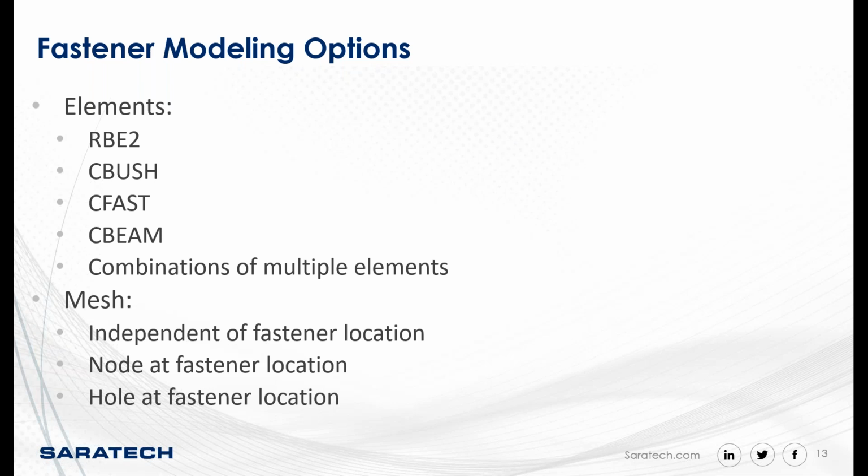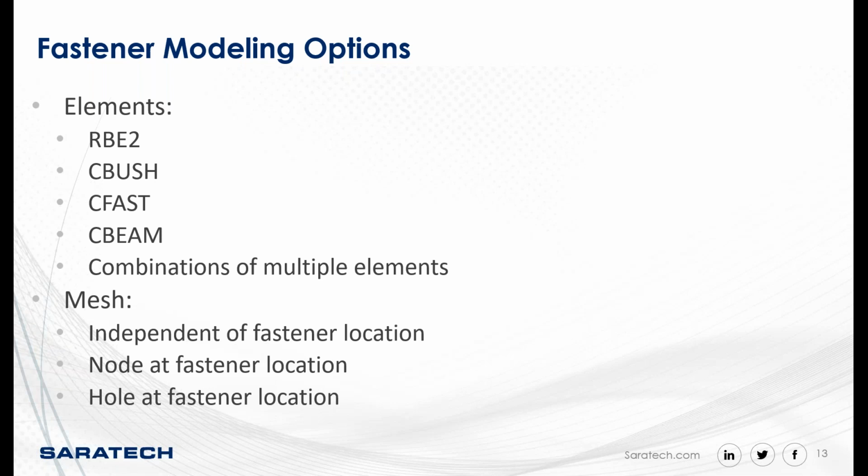And there's a wide variety of elements you can choose. Again, there is no really right element or wrong element. In fact, some elements you may use in preliminary design, and some elements you may use doing more detailed analysis, because the fidelity you want to add increases as your design evolves.